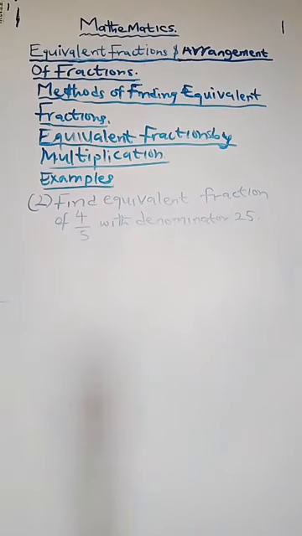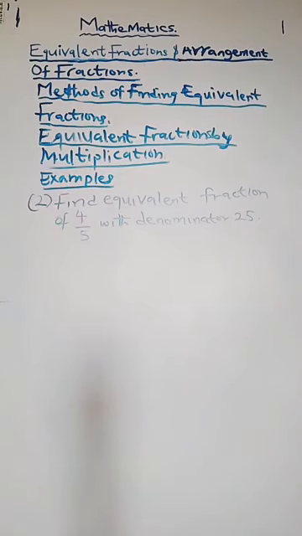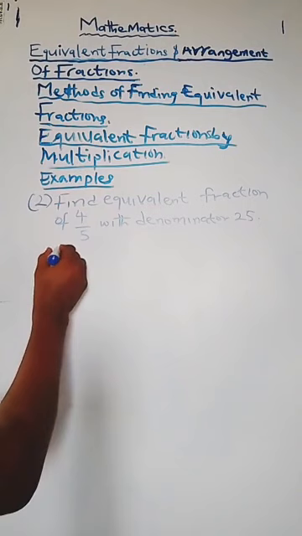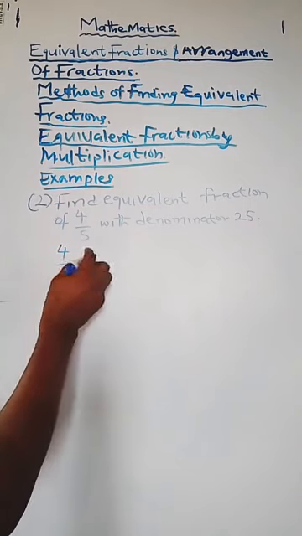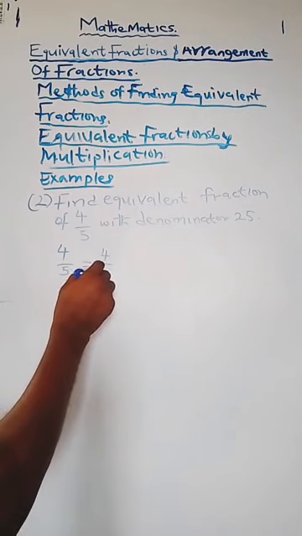So this is another question under equivalent fractions by multiplication. Now the question is asking us to find the equivalent fraction of 4/5 with a denominator of 25. You know the number written on top is the numerator and the number written below is the denominator in fractions. So we want to make this fraction have a denominator of 25. For it to have 25, that means we have to multiply the denominator by 5.